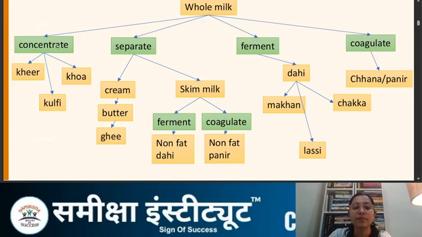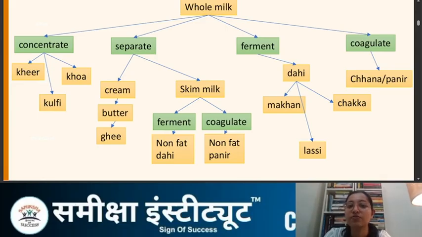However, you should remember that these are the processes that are being followed, and these are the products which are the result of these technological processes. So if we concentrate the whole milk, what are the products that will be produced? Kheer, khoya as well as kulfi.